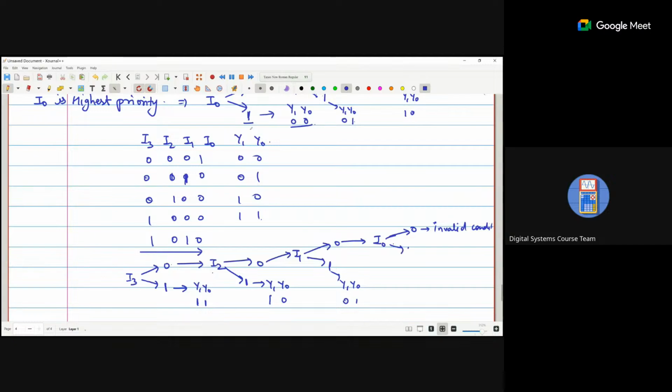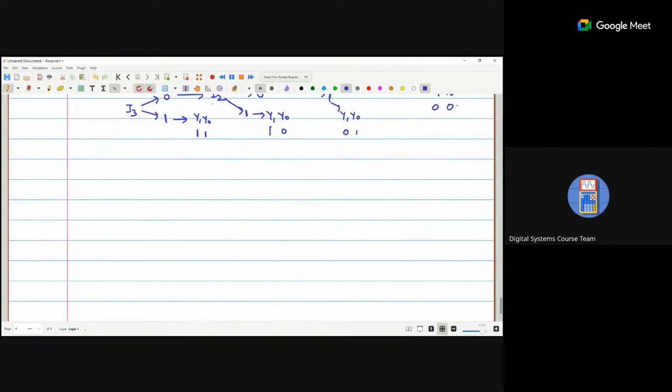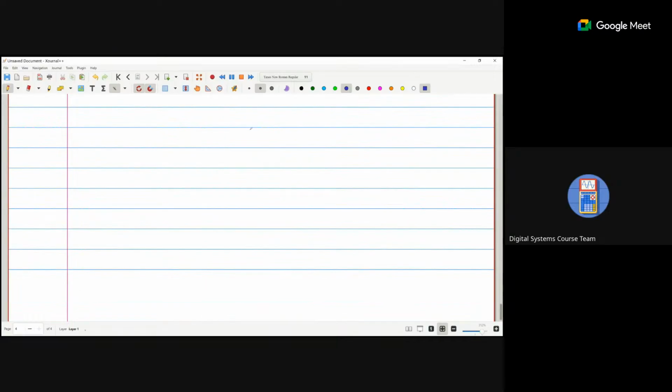And if I0 is 1, then Y1, Y0 is 0, 0. So you can create a table with I3, I2, I1, I0, Y1 and Y0. We know with 4 inputs, 16 combinations are possible. 0, 0, 0, 0 is invalid.